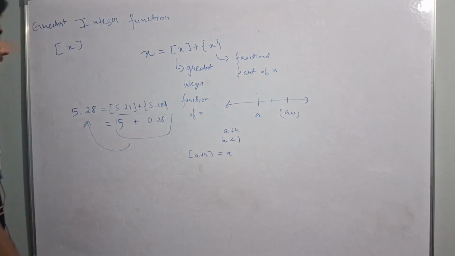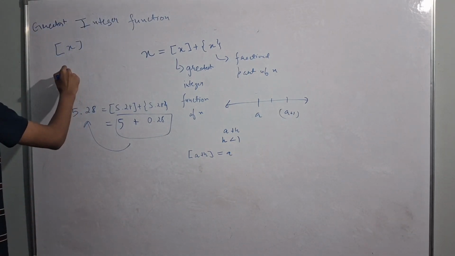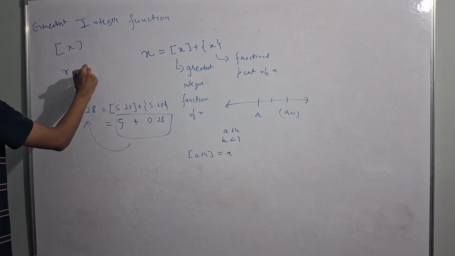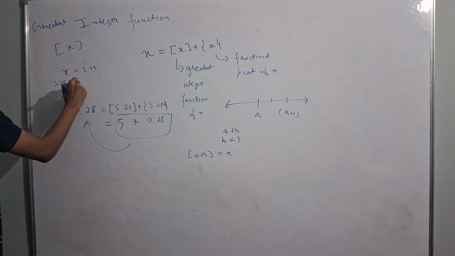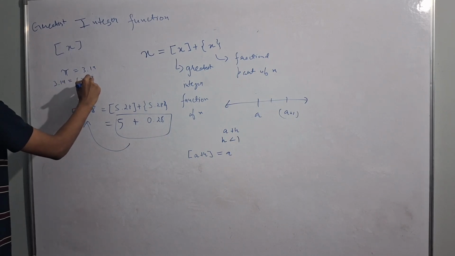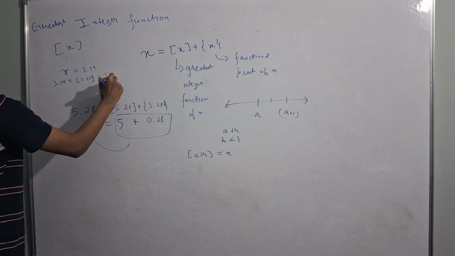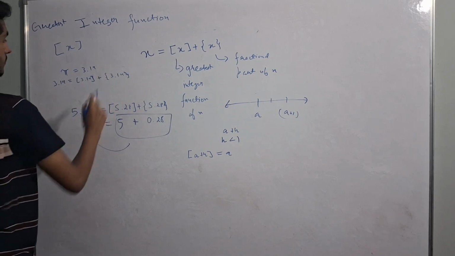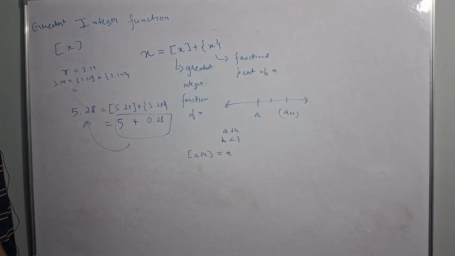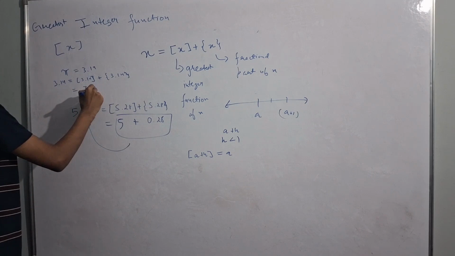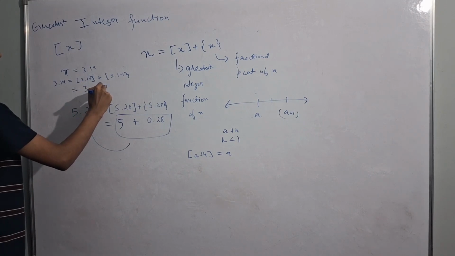For another example, let's take pi, which is 3.14. So 3.14 can be written as the greatest integer of 3.14, which is 3, plus the fractional part, which is 0.14.